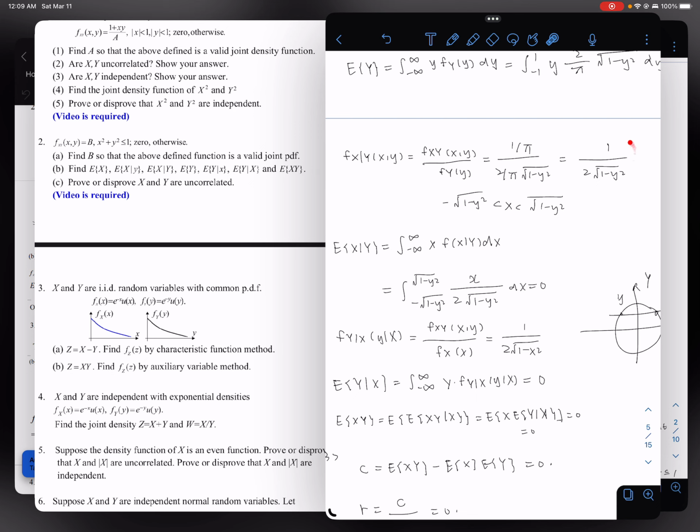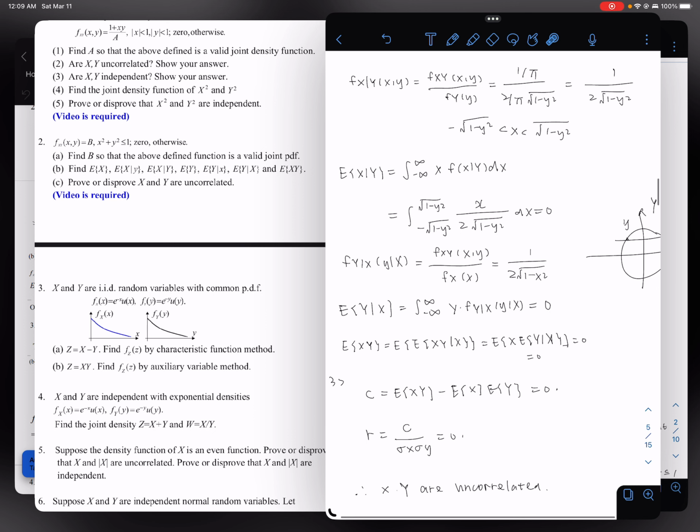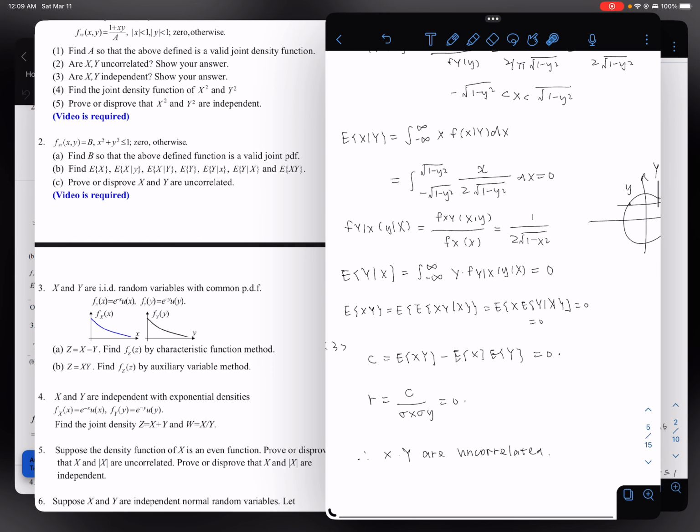So we get this result here, and the expectation of x given random variable y is basically we move this x into this integral along with this conditional density function that we already have, and then we get an answer of 0. Same for y given x, 0.